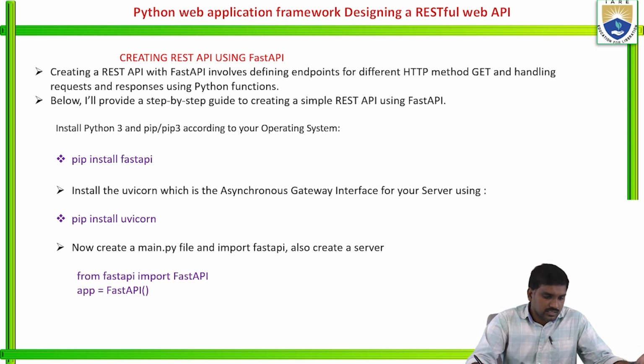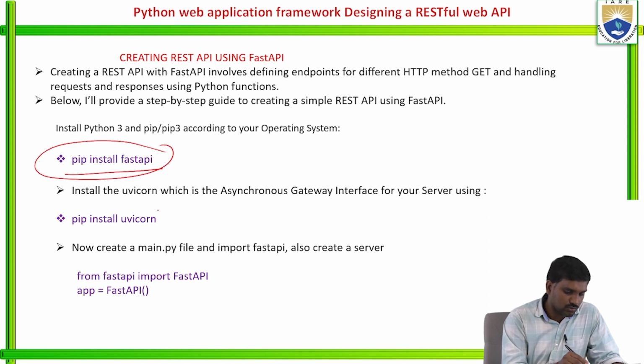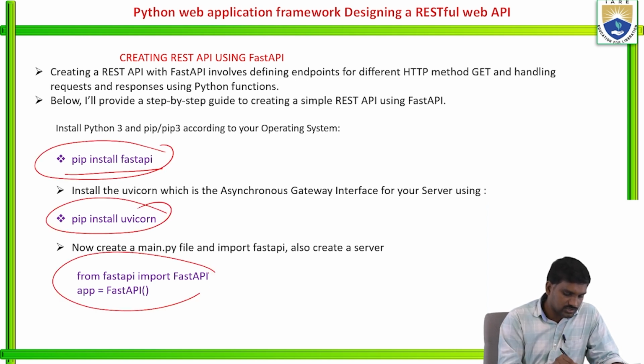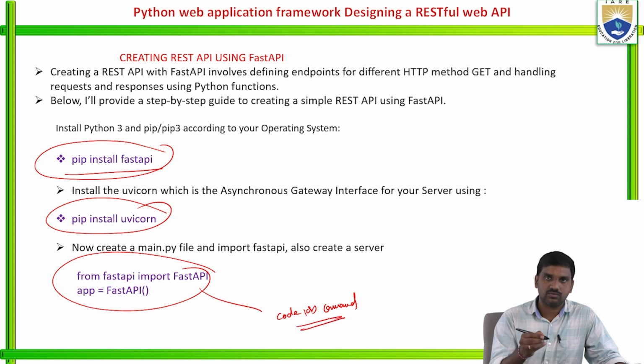Next, in order to design a web API, here is creating a REST API using FastAPI. These are the steps. The violet color indicates the code lines, the code or command to write in Python. Creating a REST API with FastAPI involves defining endpoints for different HTTP methods: get, put, delete.